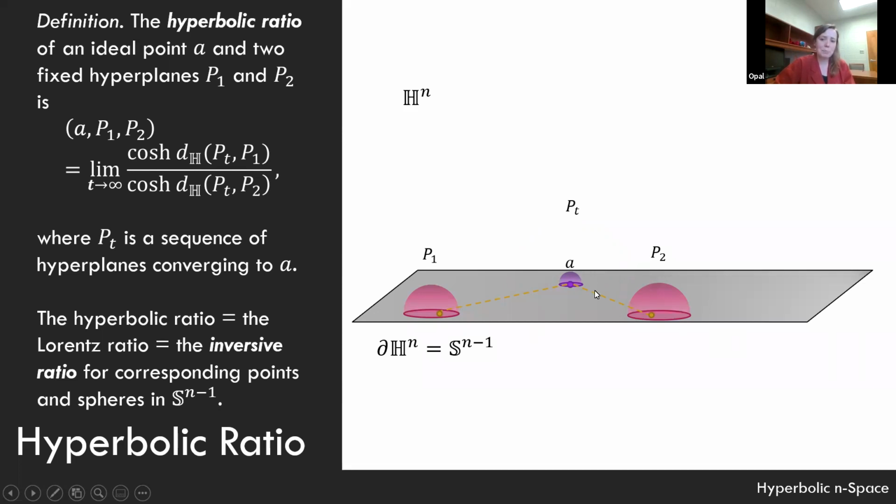Because this is limiting to a point, that hyperbolic distance is going off to infinity between each of these hyperplanes. And because they're going off to infinity at the same rate, it comes out to a number. The interesting thing here is that the hyperbolic ratio is the Lorentz ratio, which in turn is what I'm also calling the inversive ratio when you get to looking at spheres on the n-1 sphere.